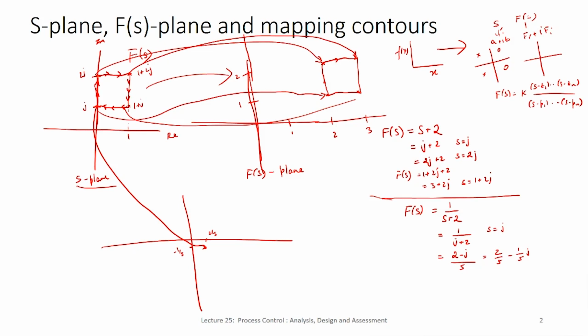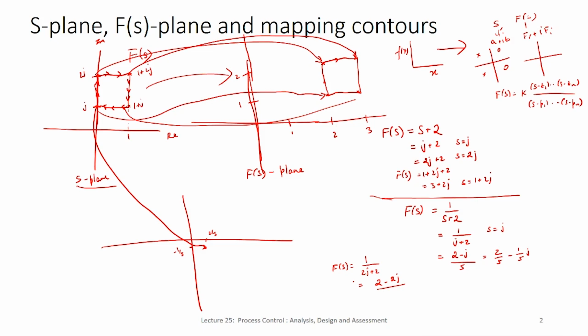And then similarly, let us do another point, 2j. If I put s equal to 2j here, f of s will be 1 by 2j plus 2. Now, if I multiply numerator and denominator by 2 minus 2j, what I will get is 2 minus 2j divided by 2 squared minus 2j squared. 2 squared is 4. 2j squared will be 4 times j squared, which is minus 1.